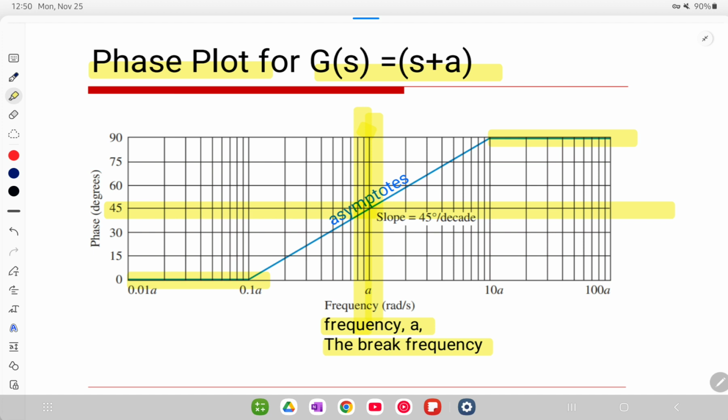So when you're drawing your asymptote, something is always happening at the frequency A radians per second, going 20 dB up that way. For the phase, the change starts 1 decade before the frequency of interest and ends 1 decade after it. So it starts, ends, and in between where it crosses over is exactly the half, at 45 degrees.